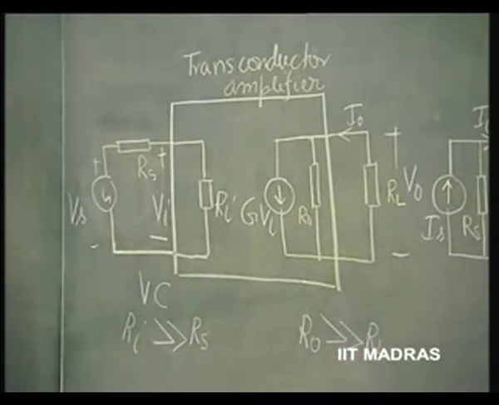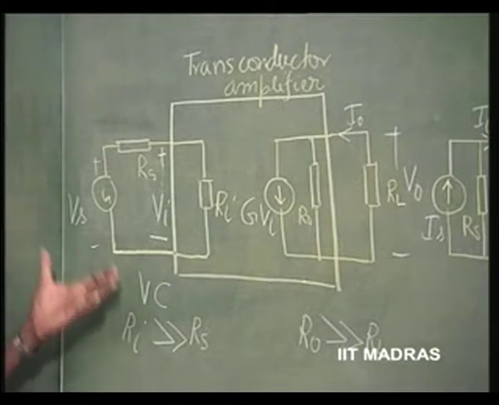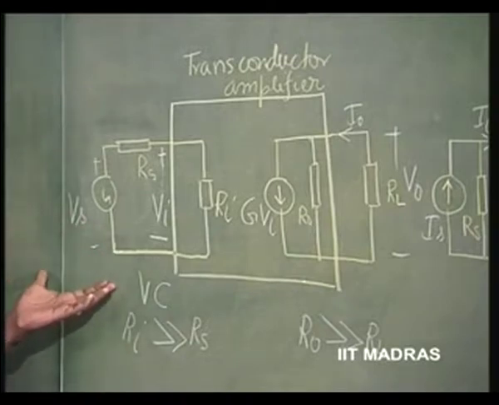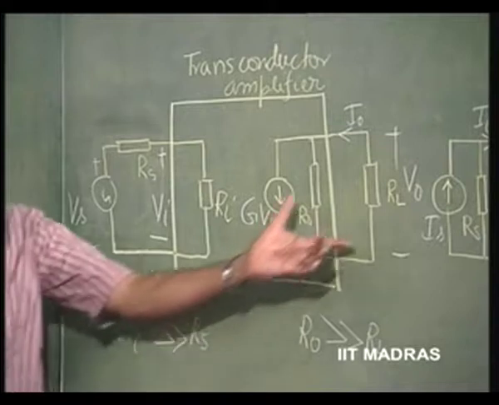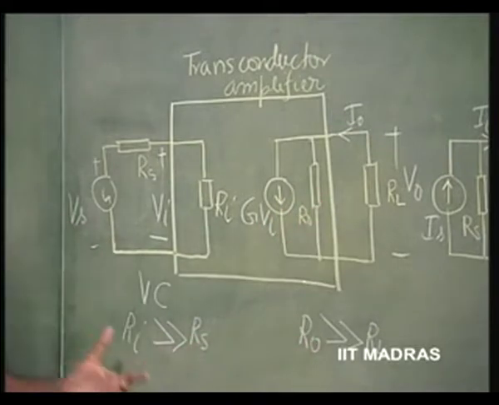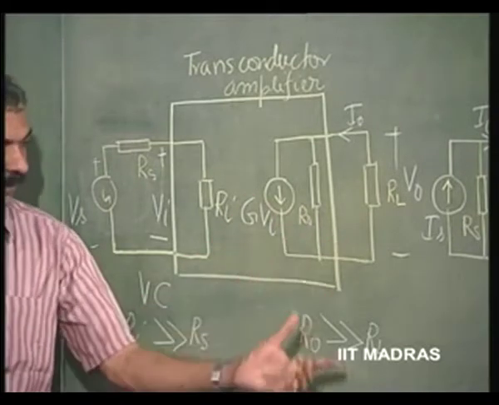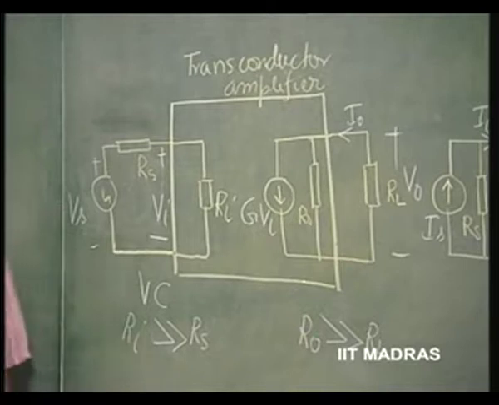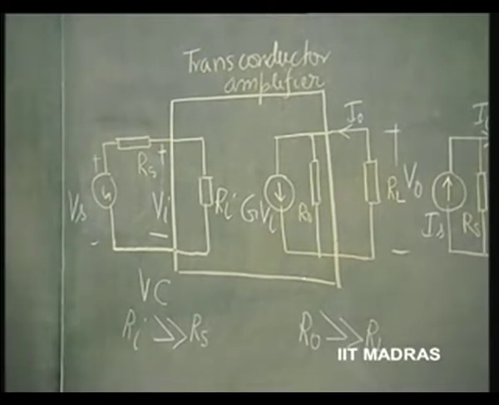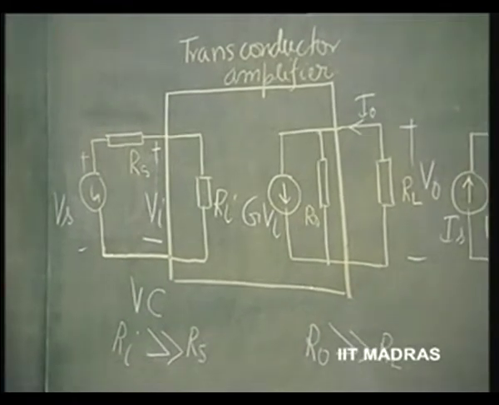So, under this situation, with source impedance and load impedance fixed like this, or when input impedance is suitably chosen such that it is this way and output impedance satisfies this condition, then we call it a transconductor amplifier.